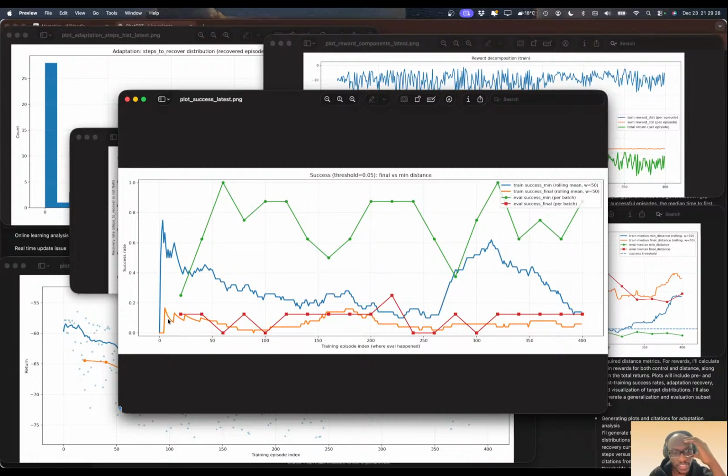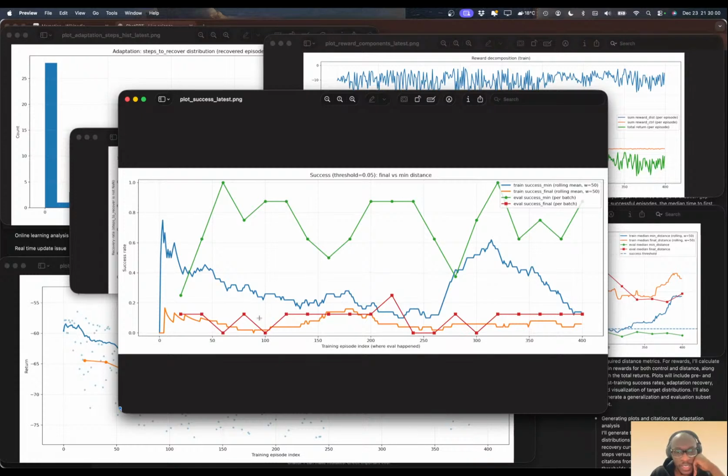So training success final is the orange one. So the final is down, and it's not performing so well at the end of the run, right? Final is way down there, and it started off up here, right?